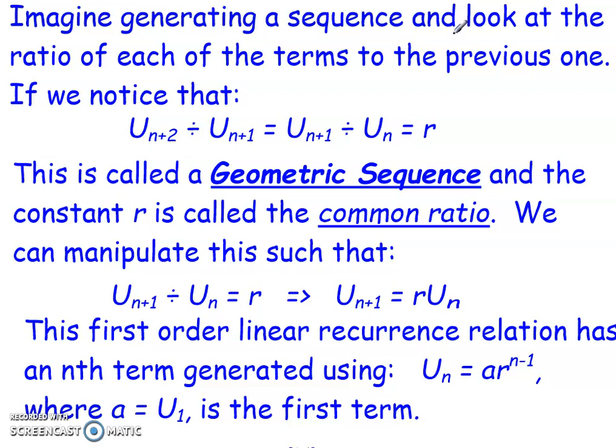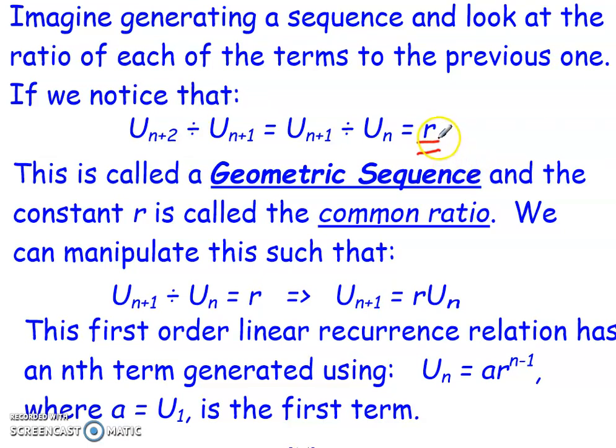So for example, if I look at u_{n+2} divided by u_{n+1}, the ratio of the (n+2)th term to the (n+1)th, and I then look at the ratio of u_{n+1} divided by u_n, if I do this for both of these, what I'd hopefully notice is that they're both the same answer, which we are going to call r. So the ratio of any two terms, from the term after to the term before, is going to be the same the whole way along the sequence.